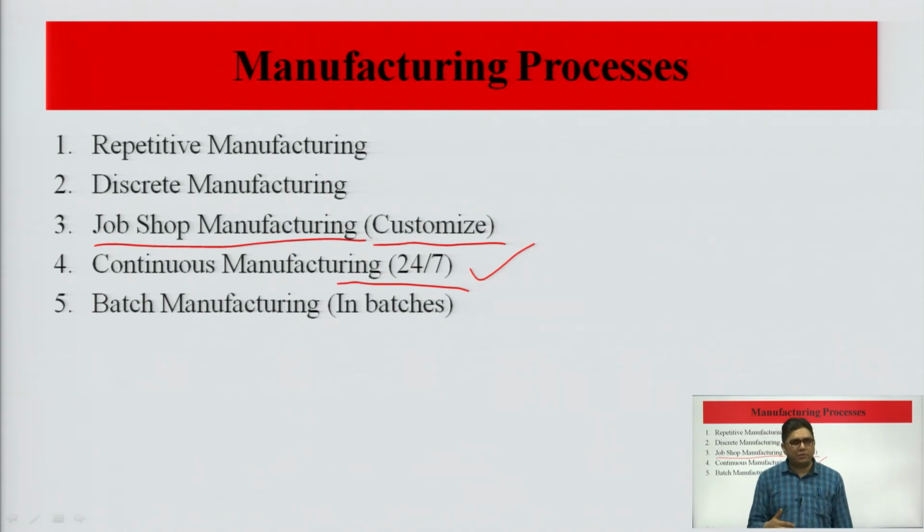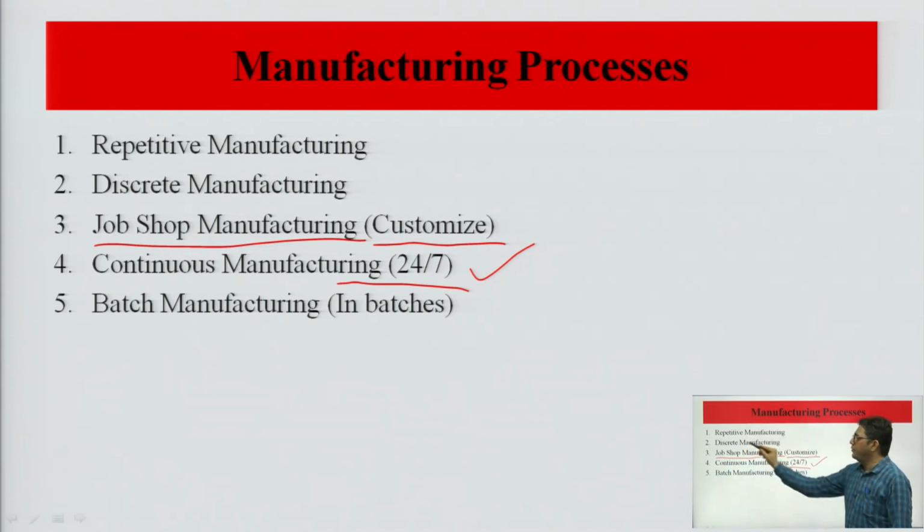So, unlike continuous and repetitive, your manufacturing process will be in batches; it will not be continuous. I repeat, in repetitive manufacturing, the production will be continuous, and I told you that it is because here production is expected to be high and demand is for a long span of time.